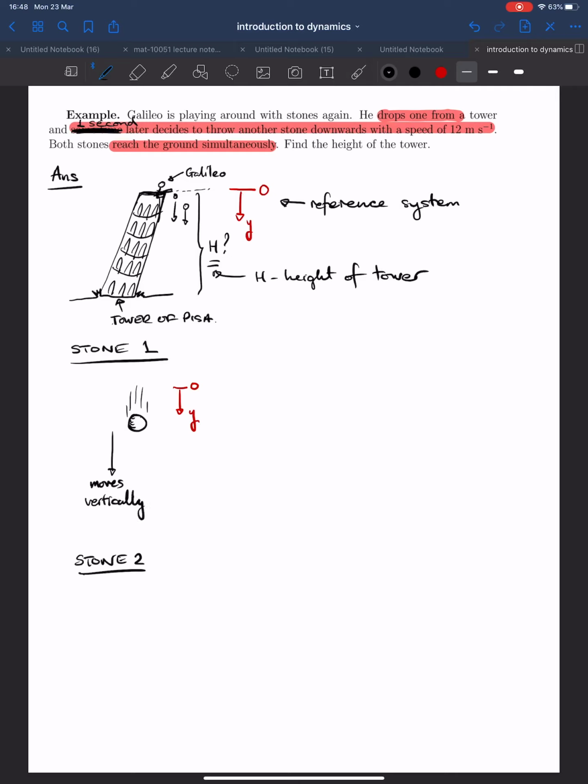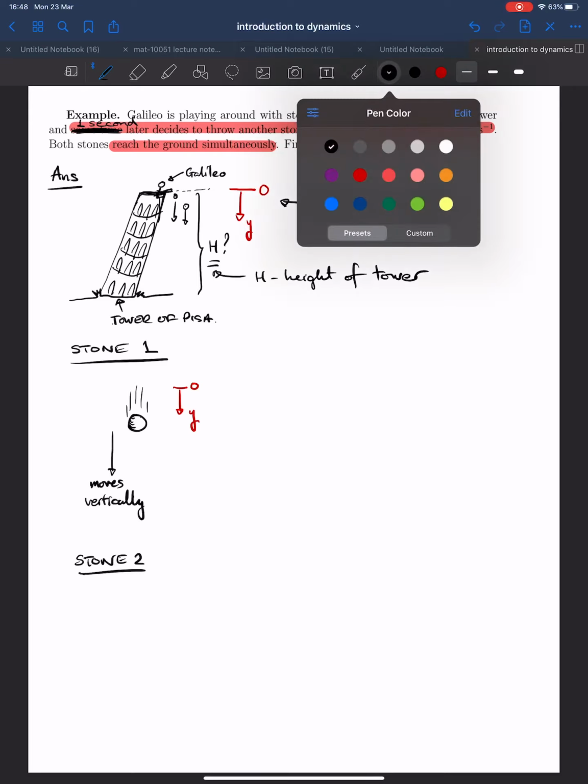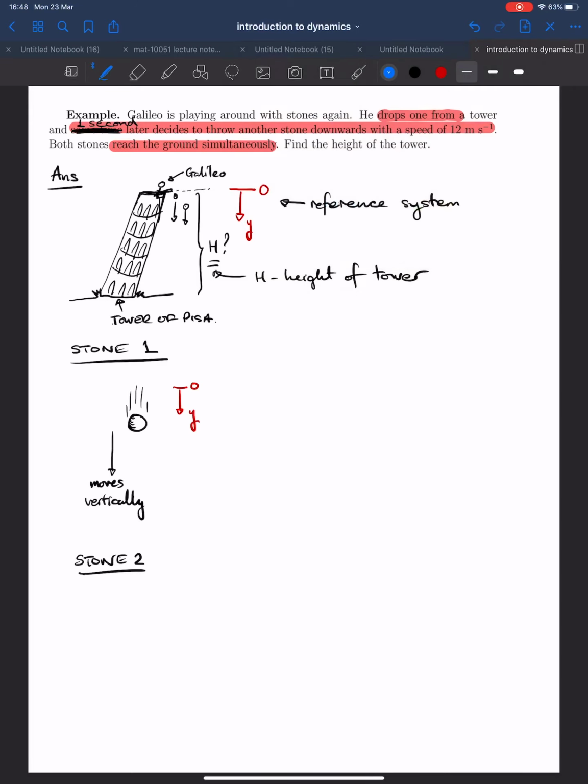Again, notice that we don't know the mass of the stone, but we know from doing a variety of examples so far that the force that acts on this is the gravitational force. We know the magnitude of this force is mg.